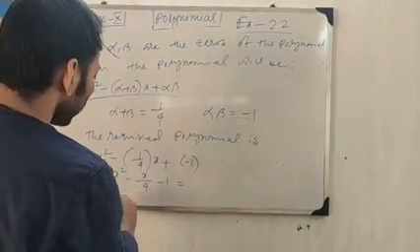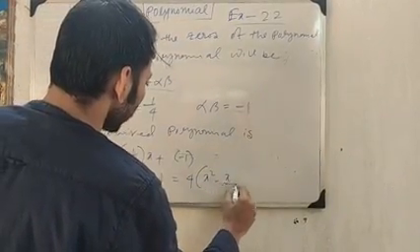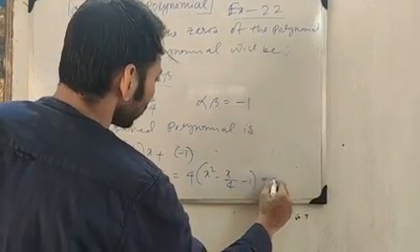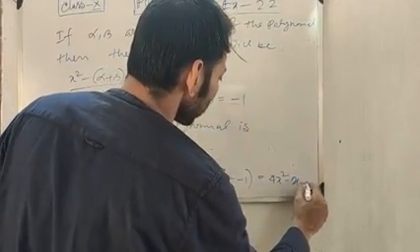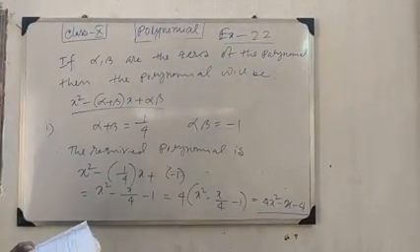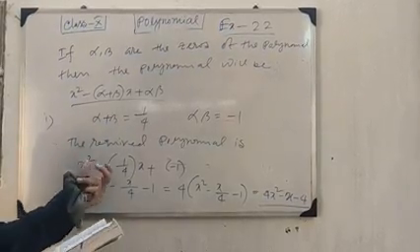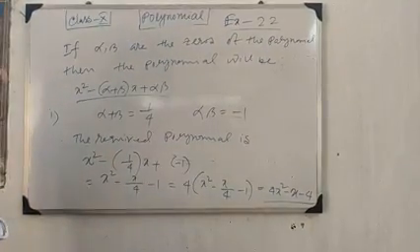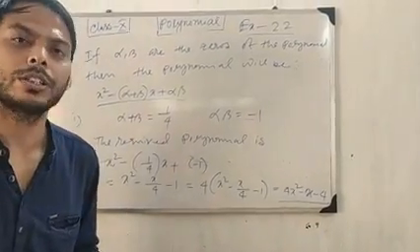Here I am multiplying it by 4. So 4 into x square minus x by 4 minus 1 equals 4x square minus x minus 4. This is the standard polynomial. When the sum of zeros and the product of zeros is given, then you can find a polynomial in this way. Now do the rest at home. Try to do it. Okay, thank you.